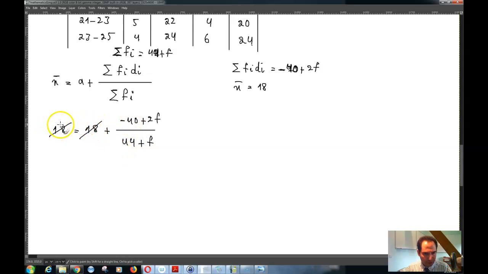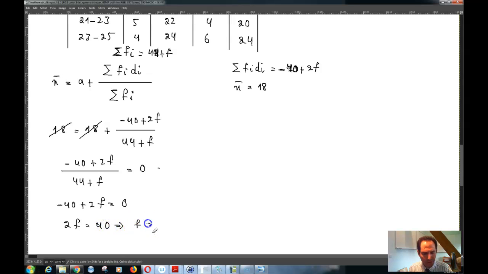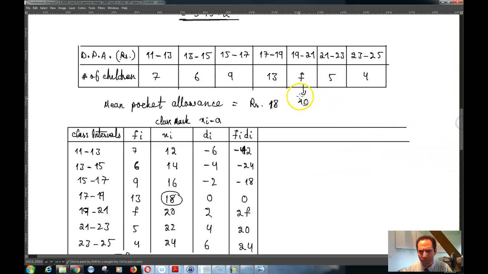Since you can cancel 18 and 18 from both sides of this equation, what that means is that negative 40 plus 2f divided by 44 plus f is equal to 0, which in turn means that negative 40 plus 2f is equal to 0, which means that 2f is equal to 40. That means that f is equal to 20, and not 10. Okay, so that is that.